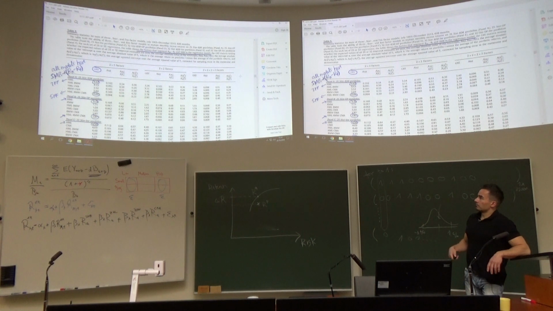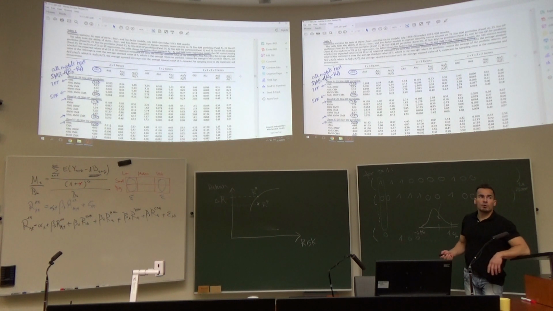And what we see is that the GRS test is lowest for the five-factor model. But the value is the same as if we would neglect the HML factor. So the HML factor doesn't seem to matter if we use 25 test portfolios sorted by size and book-to-market ratio, since the test statistic of the GRS test has the same value, 2.84.